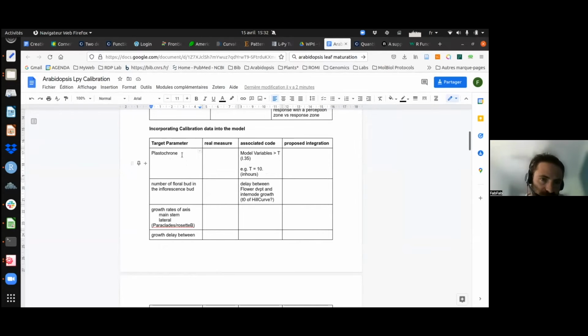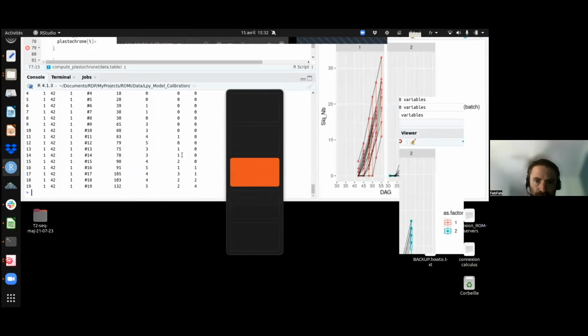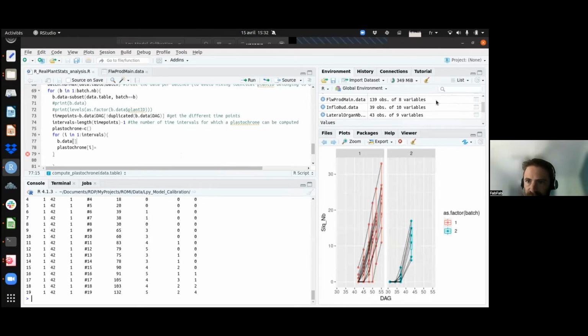With a very simple example, I have plastochron data. Here you can see the real data I measured. So here I'm just plotting the number of new leaves at each time point. Then the derivative of this curve should be the plastochron.